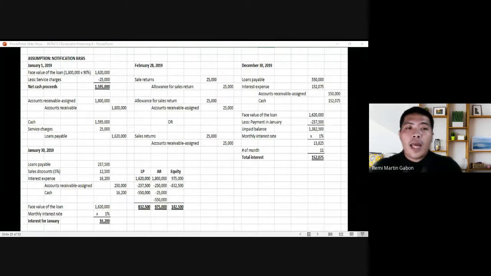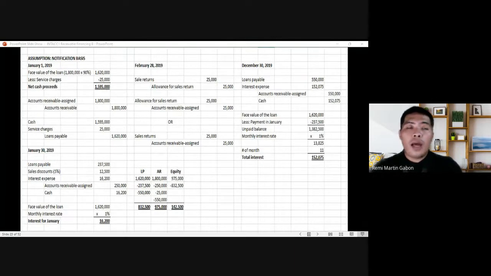Compare the two, we have the equity on assigned accounts of 142,500. Again, the purpose of computing for the equity on assigned accounts is for us to track the balance of the assigned accounts, if it is still sufficient to cover the balance of the loans payable.